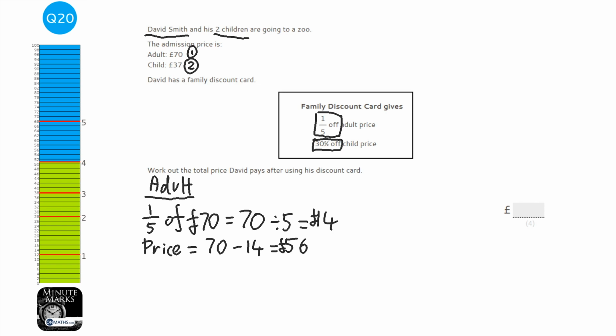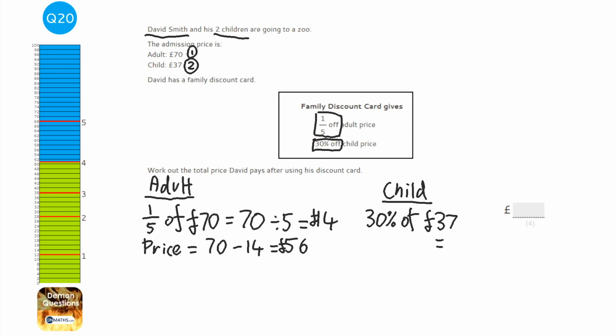Let's do the child price. Okay, so it's 30% off the child price. So we want to do 30% of £37. Okay, let's do the equals down here to give us some room.